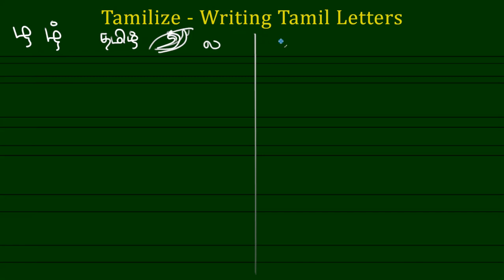And then there is this sound, which is very similar to zha and la, but coming in between, right? So the tongue is bending not as much as zha, but also not as little as la. So that's somewhat in between. And for zha, Tamil, the tongue also bends somewhat sideways, right?